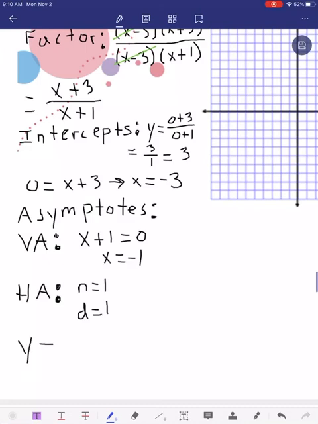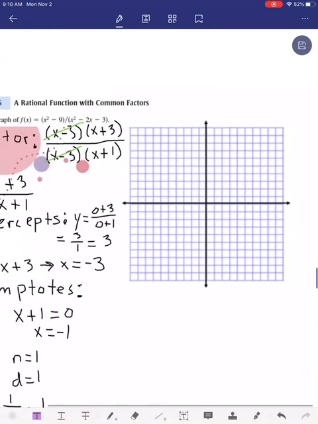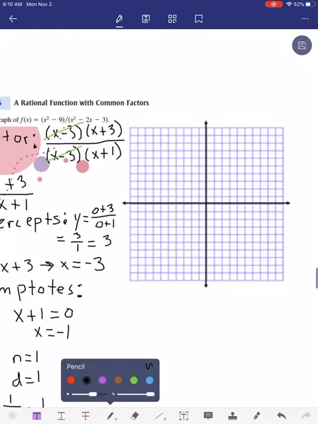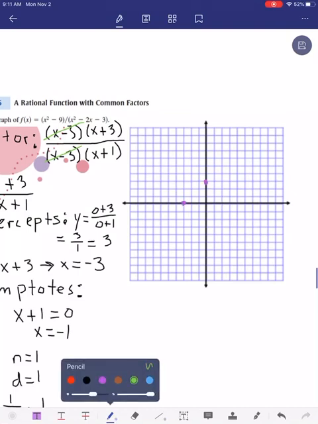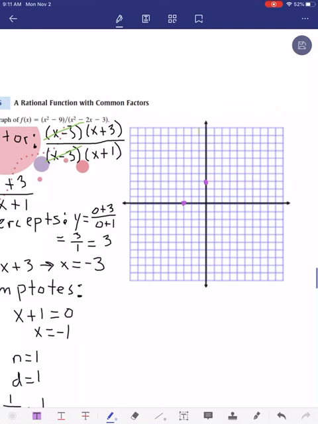So I just want to look at our coefficients. So we have 1 divided by 1, which is 1. So just like before, let's start graphing some of those things. So we have a y-intercept at 3, an x-intercept at -3, a vertical asymptote at -1, and a horizontal asymptote at 1.